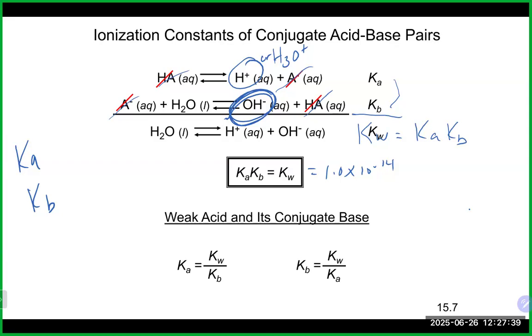So that's a very easy way to determine which K value you should be using, because like I said, there are going to be problems along the way where you will be given a K value, and it will not actually be the correct one that you need for the calculation you have to do. So look at the equation that you wrote, or the equation if it happens to be given to you, and see either H+, H3O+, Ka, Kb, or OH-. Any questions on that there?